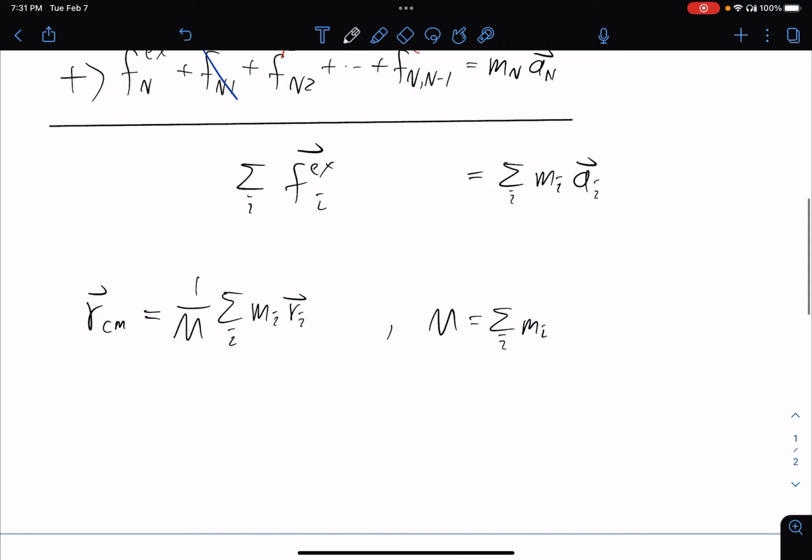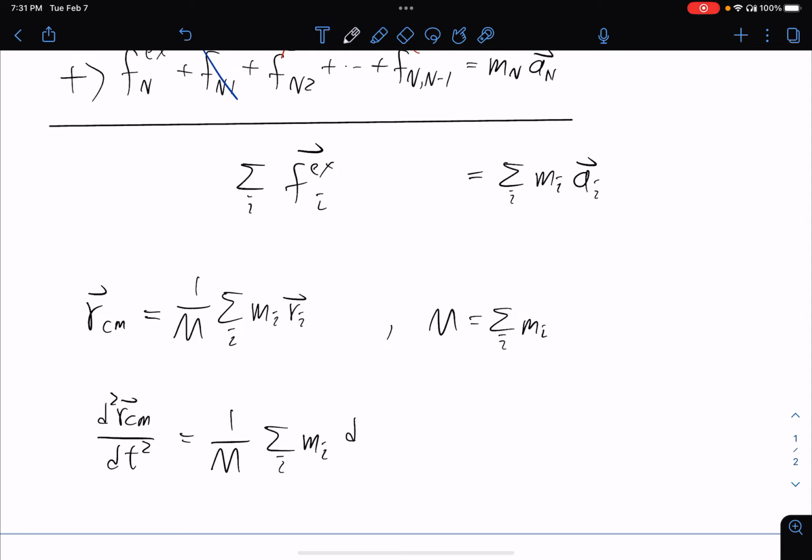What we can see is that if we differentiate R_CM twice, M is a constant, and the mass of each mass point is constant. So what we will get is the mass on the denominator times the sum of the acceleration of each point weighted by their mass.